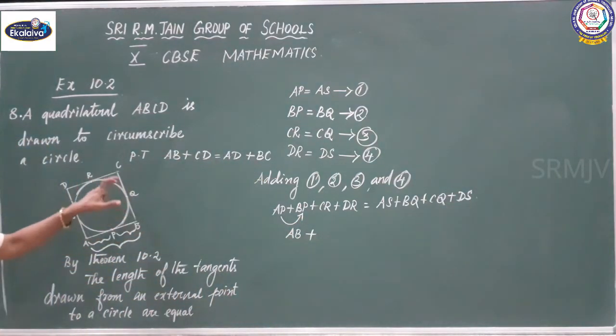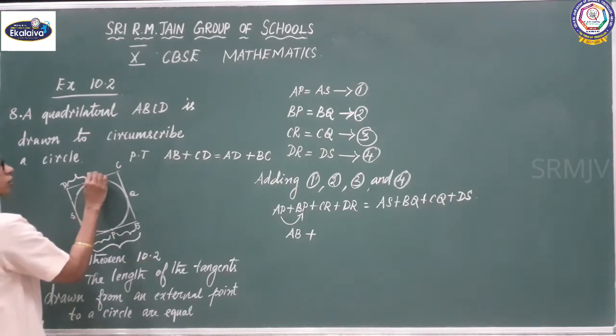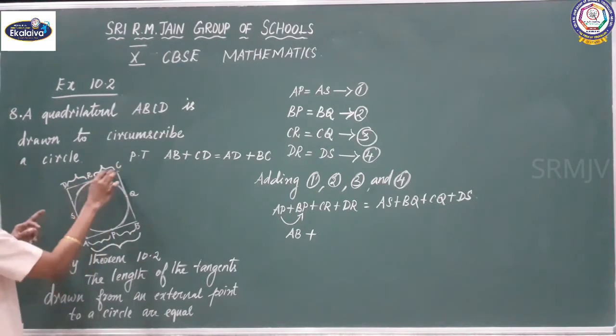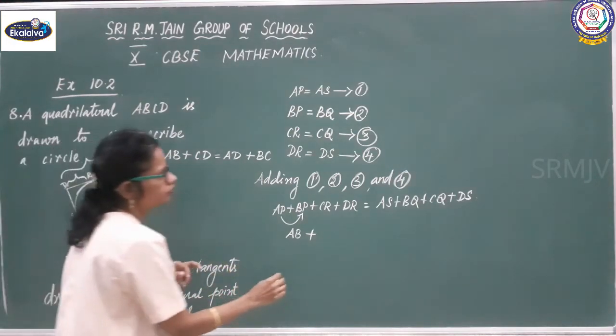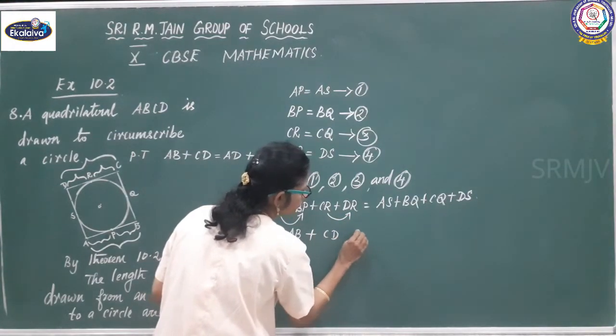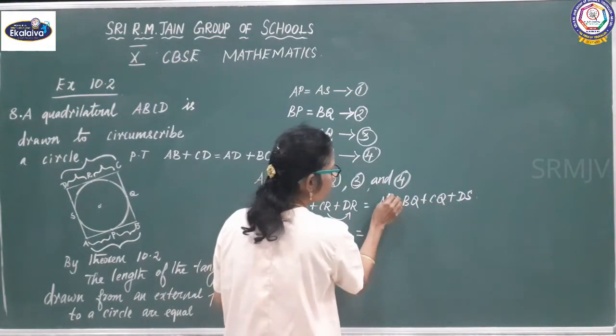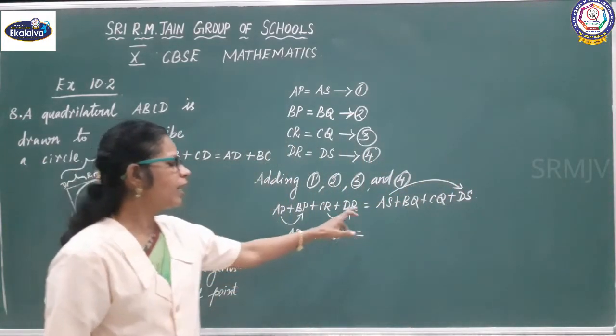Now we pass on to CR plus DR. The same. CR plus DR, it gives you CD. So this can be replaced by CD. Now combine these two, right?